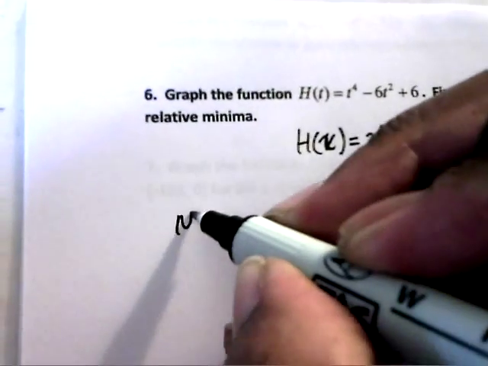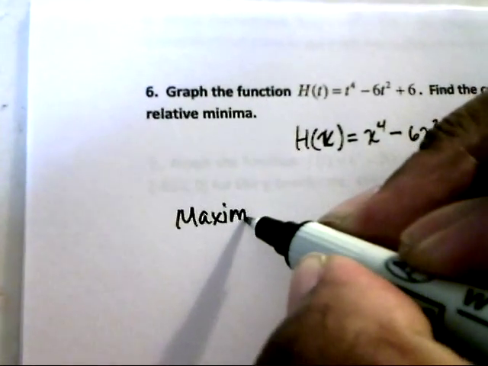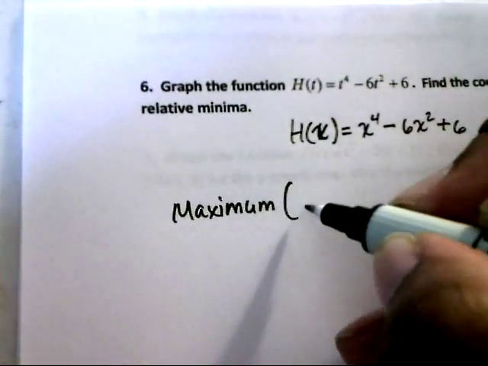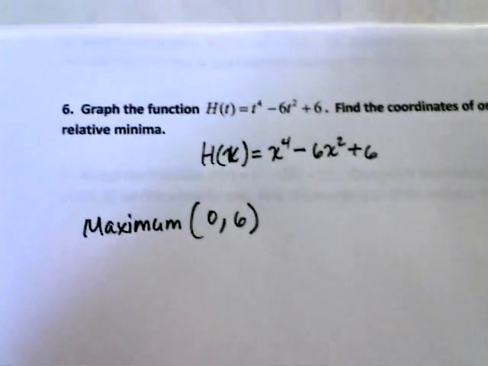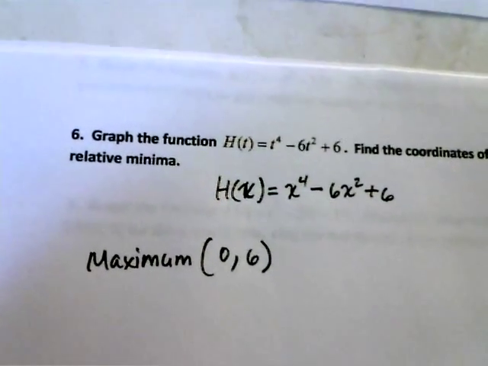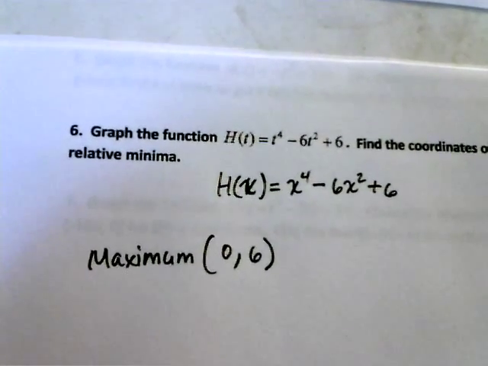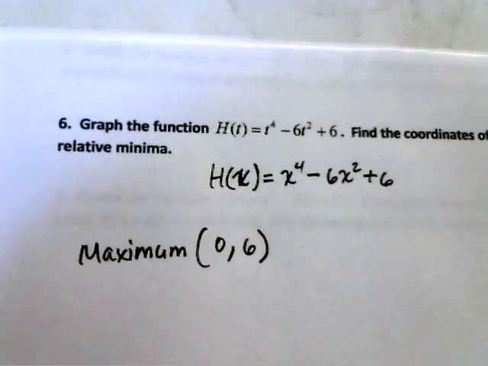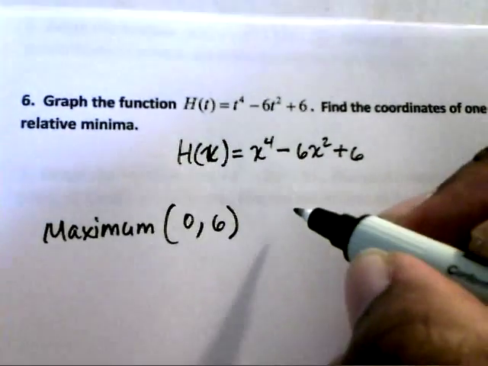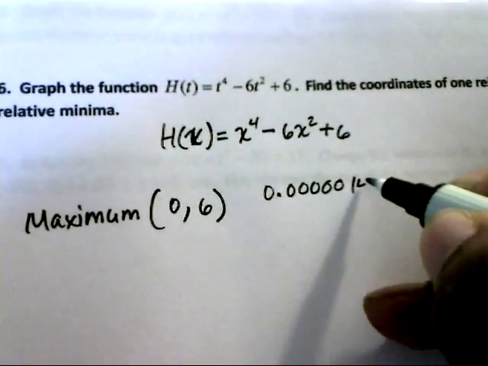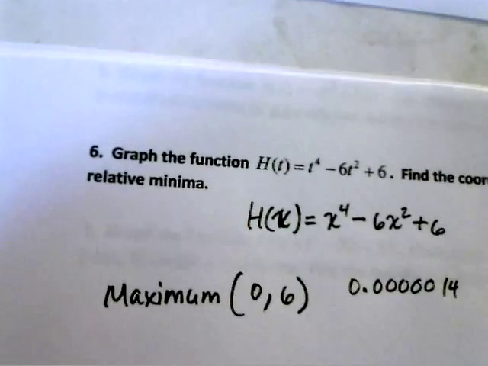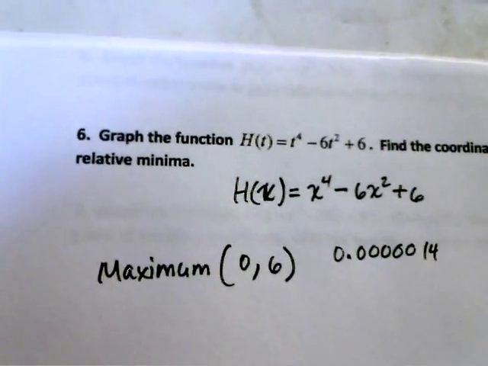Because it's 1.4523 e to the negative 6, that's this number. But the 2 decimal places will end up being 0.